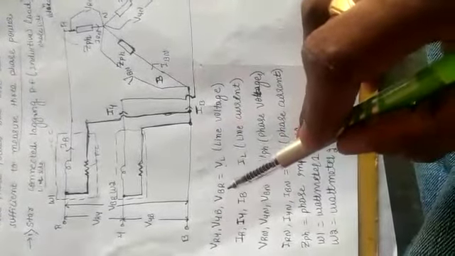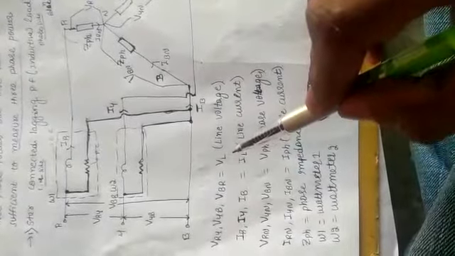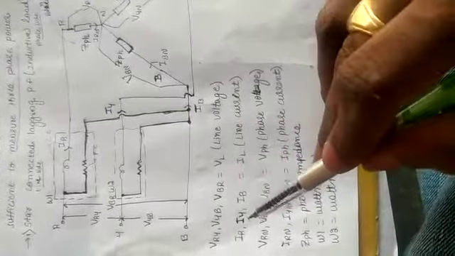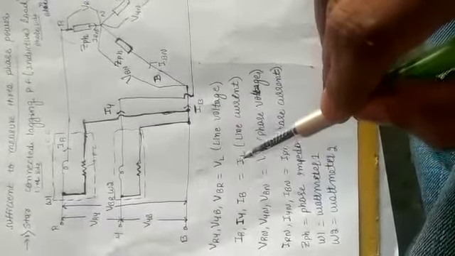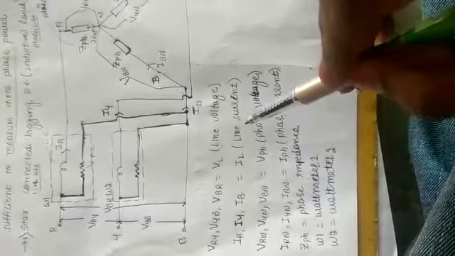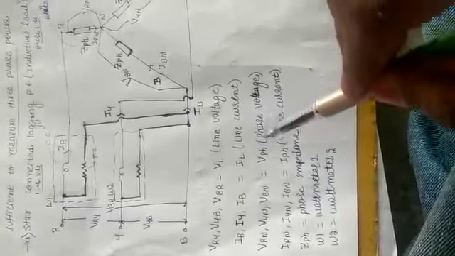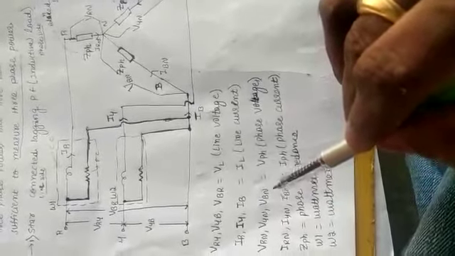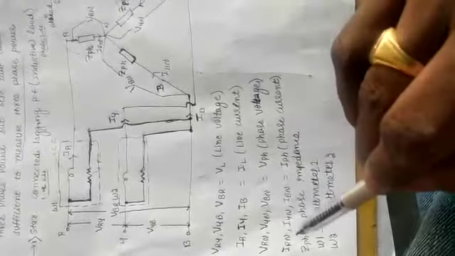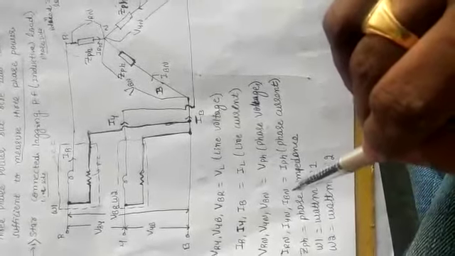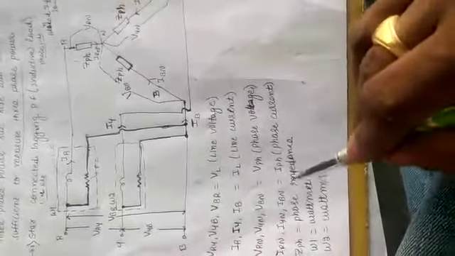The line voltages VRY, VYB, VBR are equal to VL. Line currents IR, IY, IB are equal to IL, called line currents. Phase voltages are VRN, VYN, VBN. Phase currents are IRN, IYN and IBN. Then this one we call the phase impedance, ZPH.